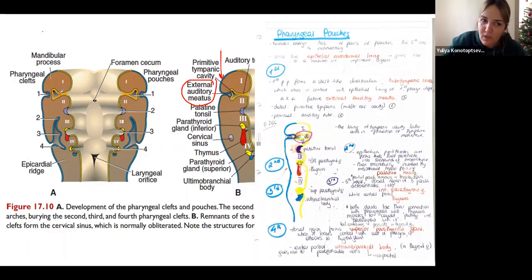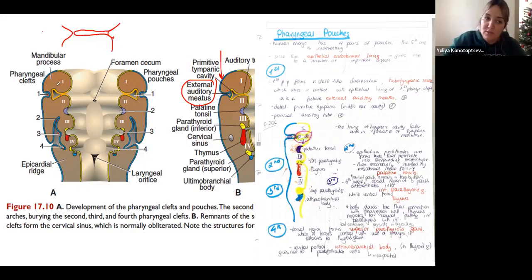So first pharyngeal pouch, right? The endoderm here keeps on pushing, keeps on proliferating until it meets up with the first pharyngeal cleft. So if this is your cleft and this is your pouch on the inner surface, it keeps on pushing this way until it actually meets up.